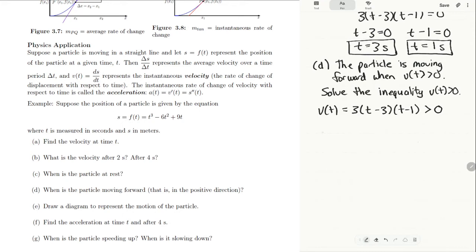On the real number line, we're going to plot the times when the velocity is equal to 0, or when the particle is at rest. Back in part C, we determined these times were at 1 and 3.